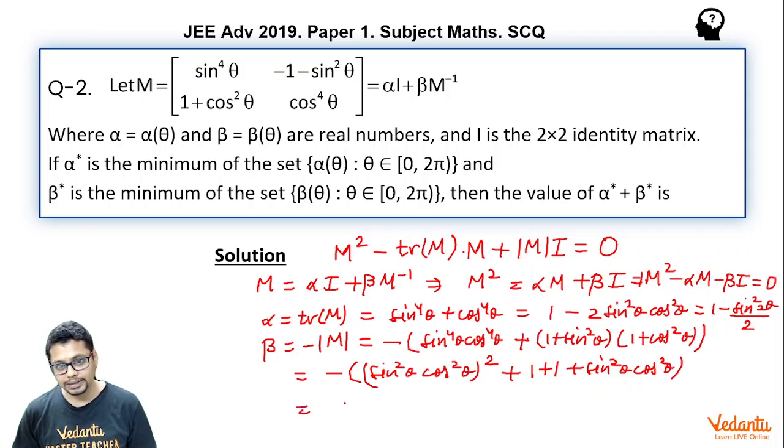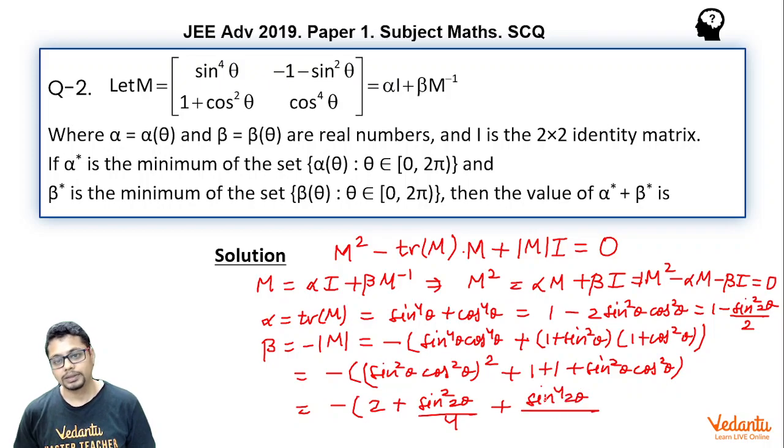So again you may write this as minus 1 plus 1 is 2, sine square theta cos square theta is essentially sine square 2 theta by 4, plus sine square theta cos square theta is sine square 2 theta by 4, whole square becomes sine to the power 4 of 2 theta by 16. So sine to the power 4 2 theta by 16.